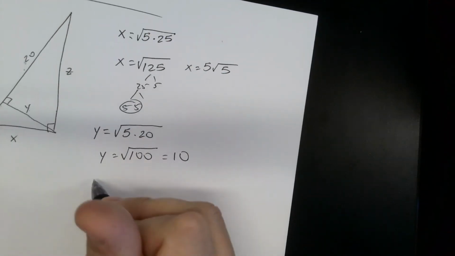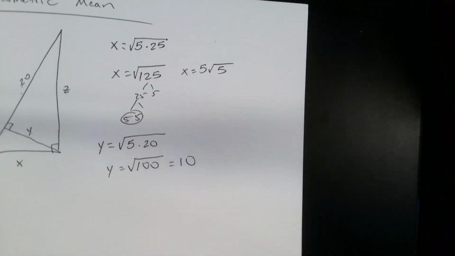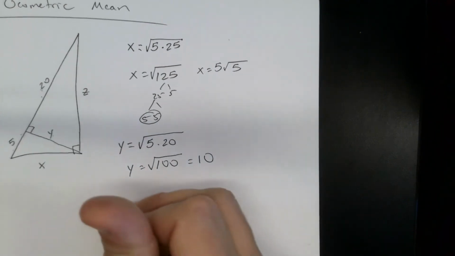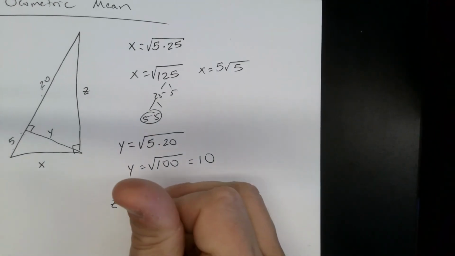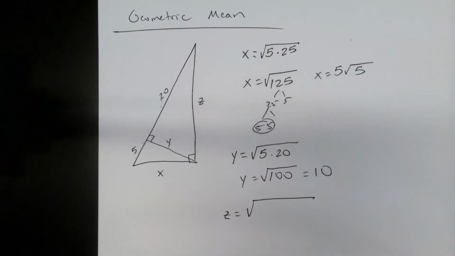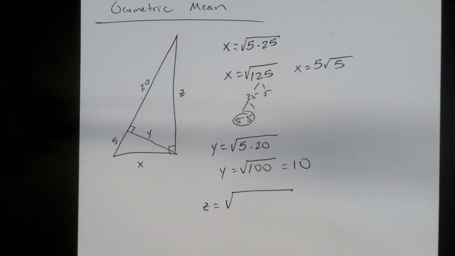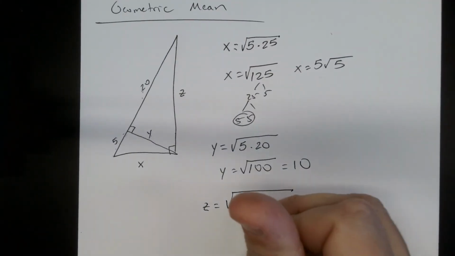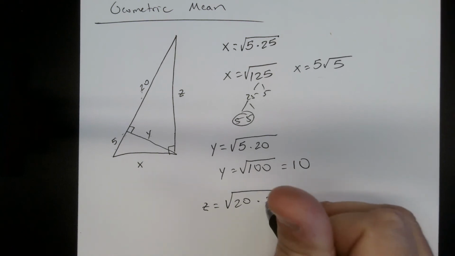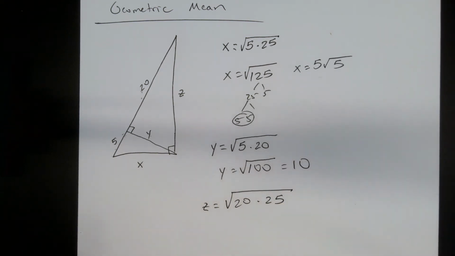Z. Can you see that if I draw it right there underneath it? Z equals the square root of the part of the hypotenuse that it touches. What part does Z touch? 20, times 25. Everyone go through real quick and simplify that one down.